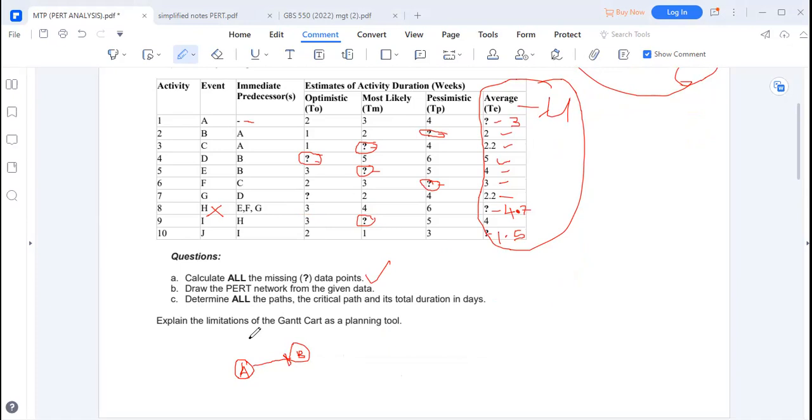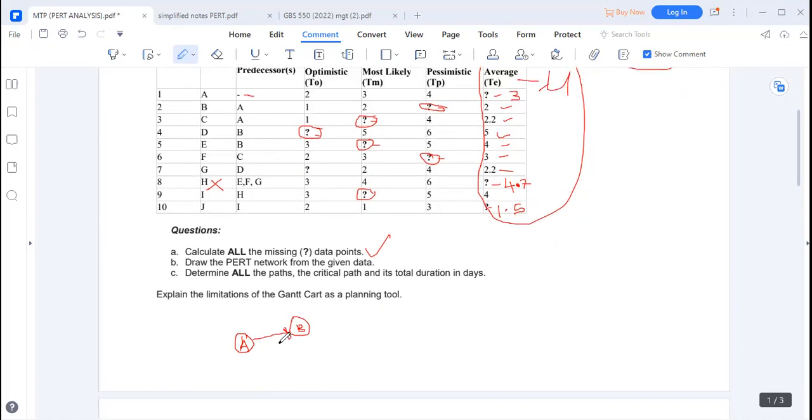And after A as well, there was actually C. So there's A and there's a C here. Okay, so this is what we have.